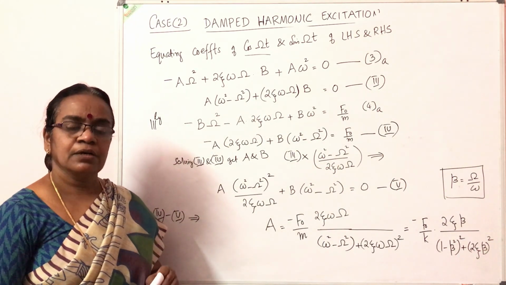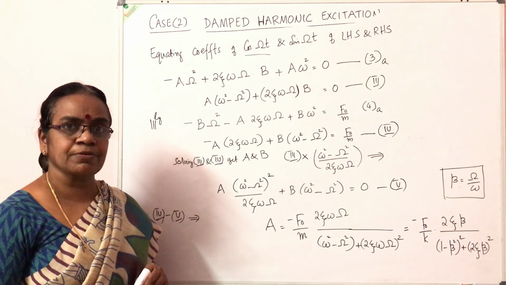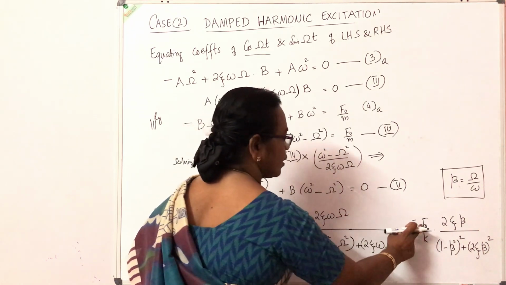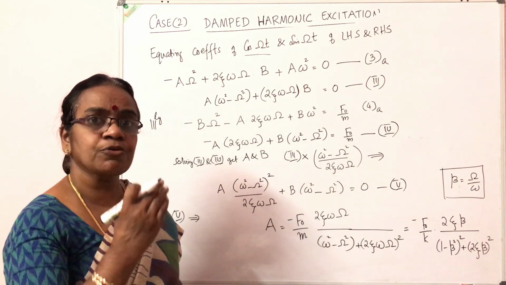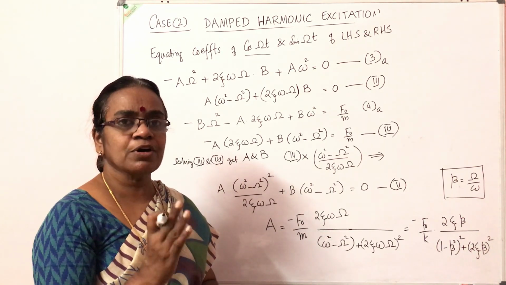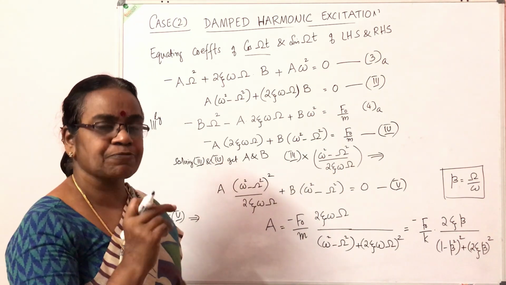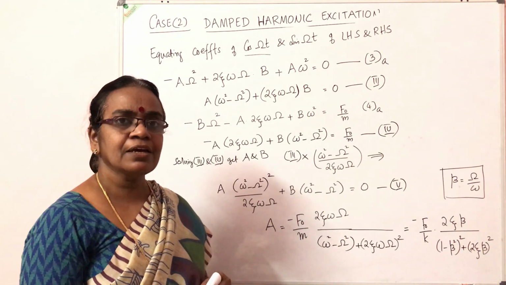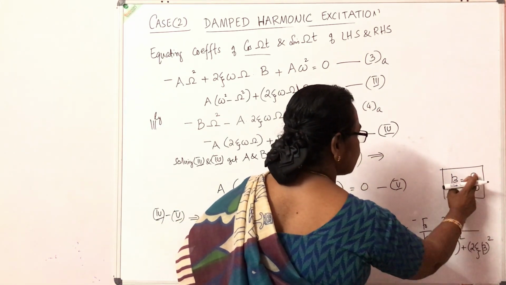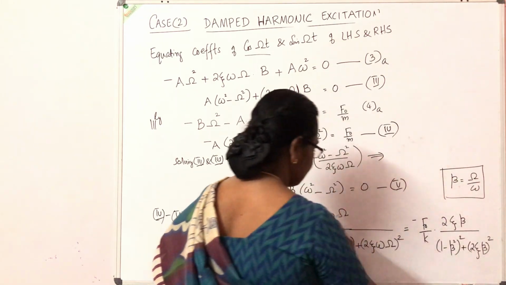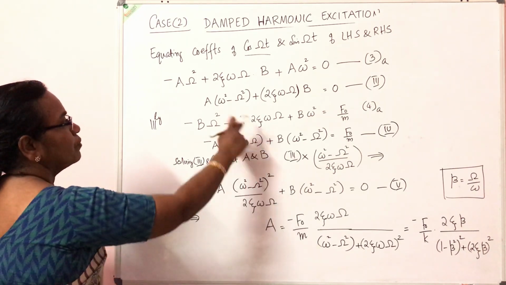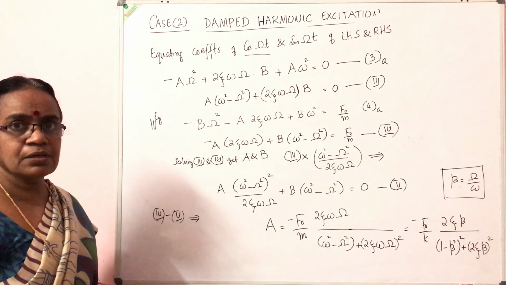Normally we have to express the forced excitations in terms of the frequency ratio. So here, taking omega square outside, we will be getting F0 by K. F0 by K actually represents force divided by stiffness, the static displacement. If the force was statically applied, the displacement of the system would be F0 by K. By applying it dynamically, we have amplification. So that is expressed in this term. So by putting beta is equal to frequency ratio, capital omega by omega, clubbing these terms, we can get the constant A. Once we get the constant A, we can get constant B from equation 3.